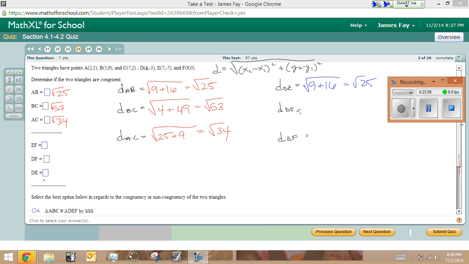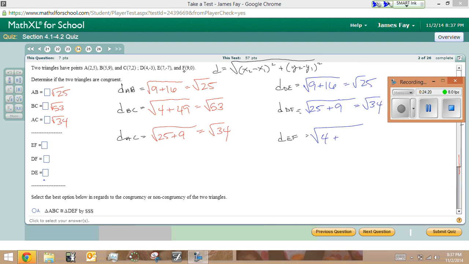D and F. 9 minus 4 is 5, squared is 25. And then 0 minus a negative 3 is positive 3, squared is 9, gives me a radical 34. And then EF, 9 minus 7 is 2, squared is 4.